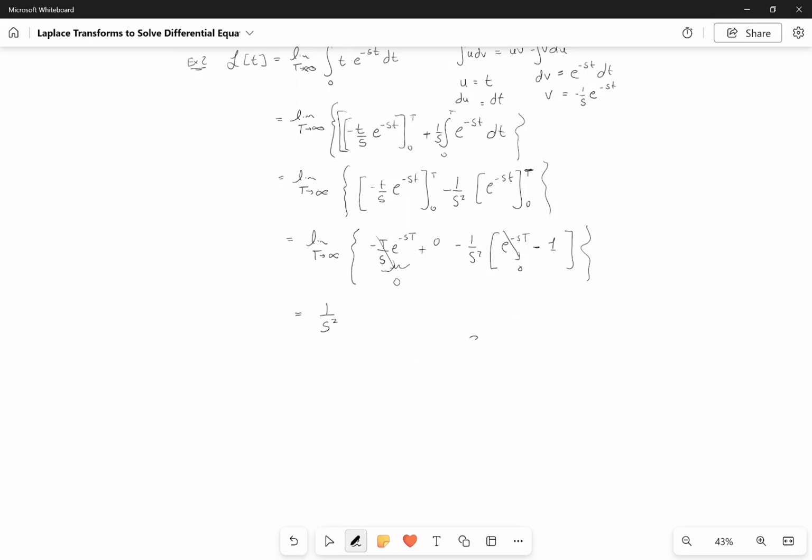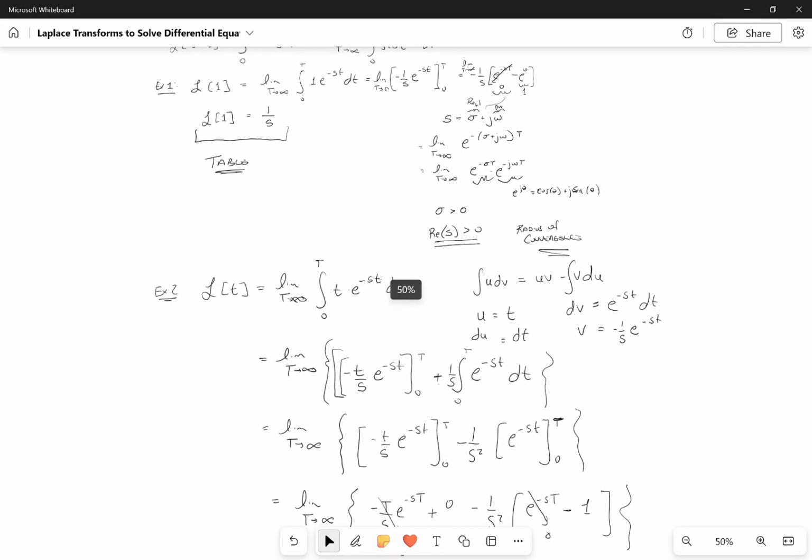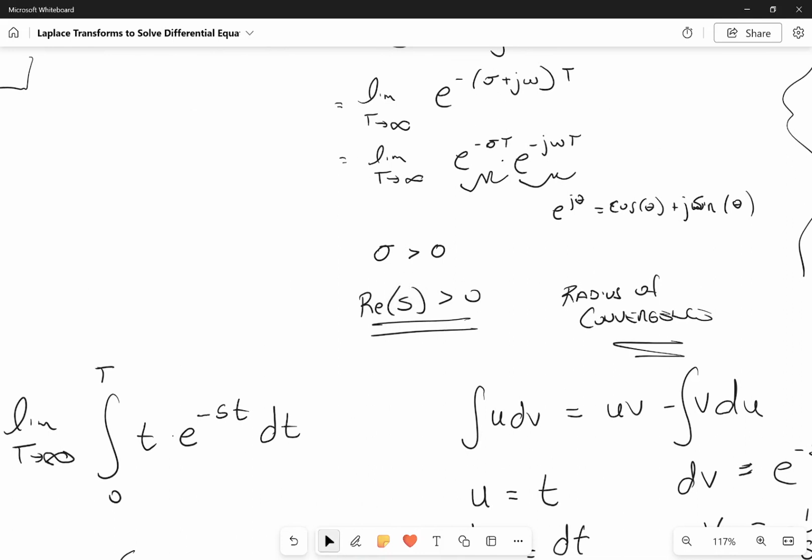At the end of the day, it comes down to the same thing I just did up here at the top. You take the limit as t goes off to infinity, and the e to the negative j omega t term is a sinusoid. That's never going to go to 0, right? But the e to the negative sigma tau term, as t goes to infinity, is going to tend towards 0.